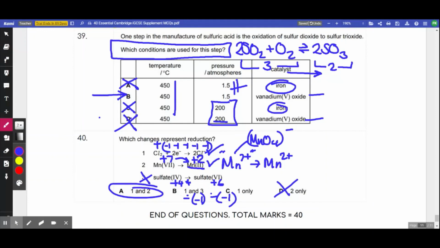Less than half of the cohort actually got that right, so it is a difficult question, especially with the sulfate, but B was the most popular answer that caused the biggest errors. Almost 40% got B, so the top candidates will get that. A nice little shortcut, strictly not true, but you might want to imagine that Mn7+ exists in MnO4-.